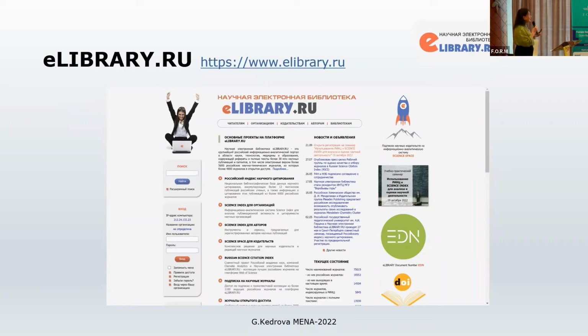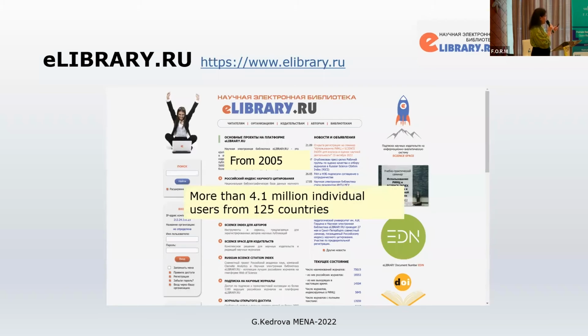Russian National Open Science Project number one is e-library. You may see how it developed very, very quickly. It was founded in 2005. Since that time it has collected more than 4.1 million individual users from 125 countries.